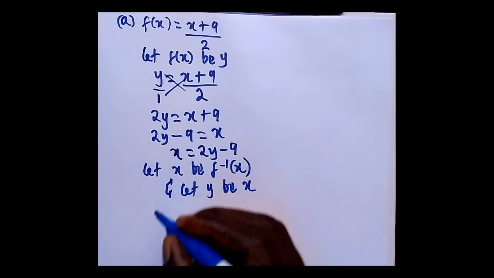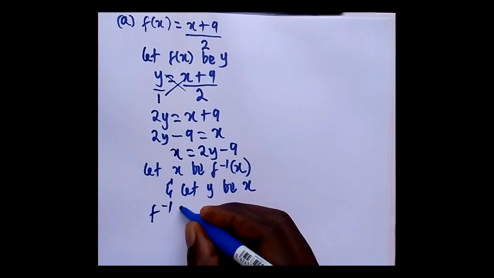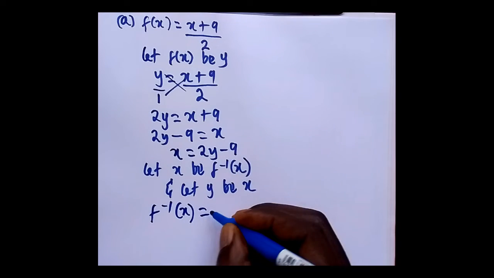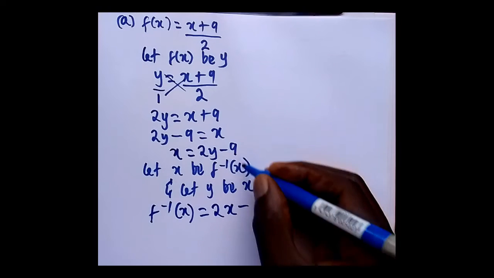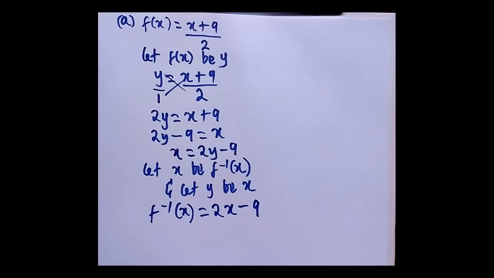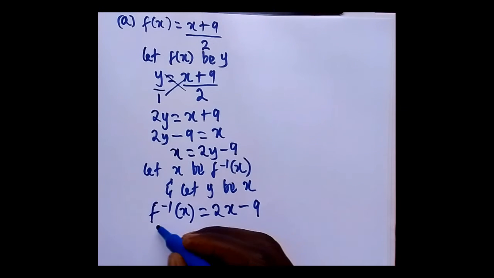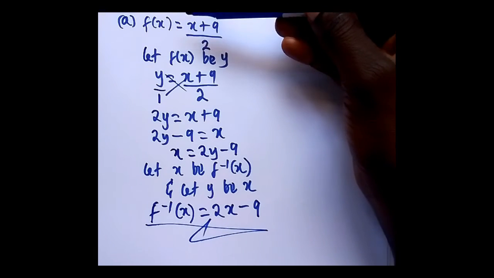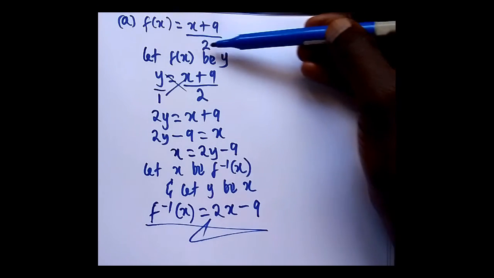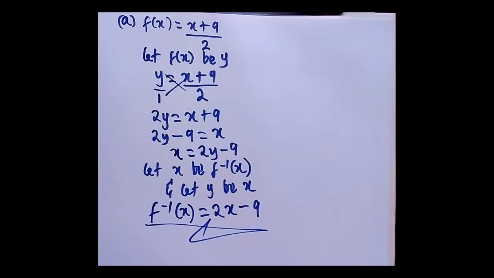So in place of x, we put f inverse of x equal to, in place of y, we say 2x, then minus 9. So f inverse of x is equal to 2x minus 9. So this here is the inverse of the function f of x is equal to (x plus 9) over 2. This process gives us the inverse of the function f of x.